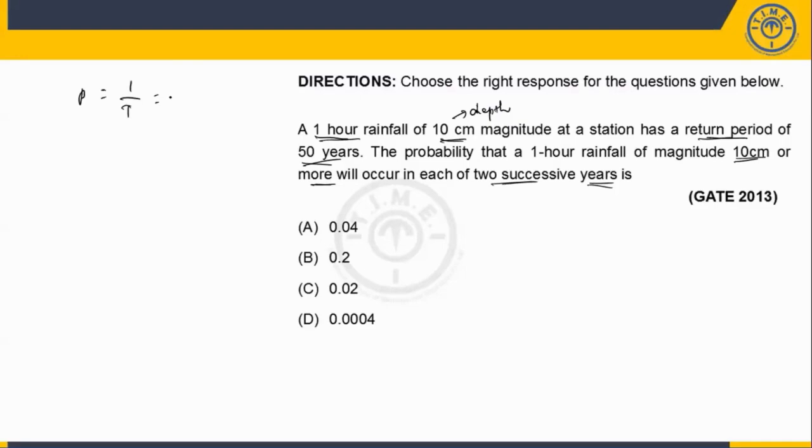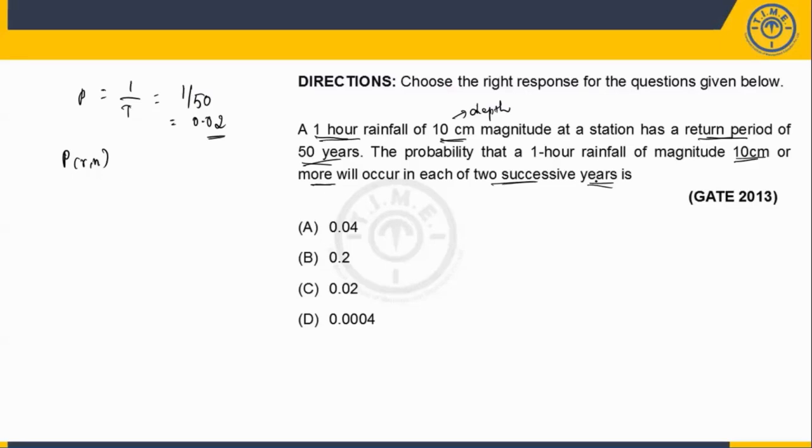In 50 years the probability of occurrence is 1. In 1 year, 1 by 50. How much is 1 by 50? It's 0.02.